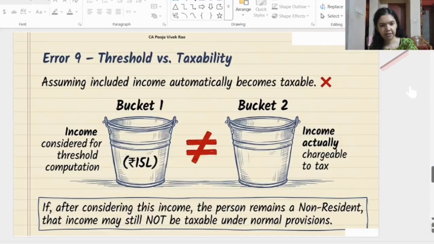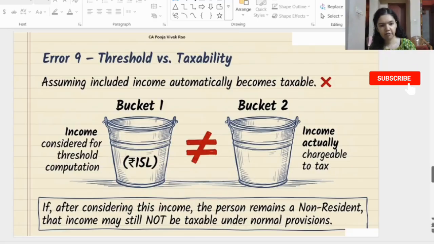Error number 9: Assuming such income automatically becomes taxable. This is another conceptual mistake. Just because income from business controlled in India is considered while computing the 15 lakh limit does not mean it will automatically become taxable. The inclusion of the income from business controlled in India is only for checking whether the threshold is crossed.